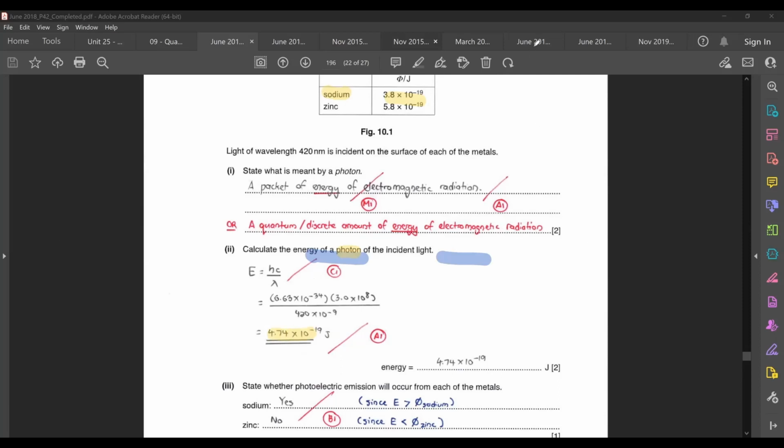So you can see that E is more than the work function energy of sodium. 4.74 is definitely larger than 3.8, right? So you're going to have photoelectric emission.